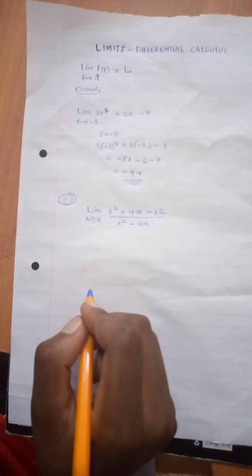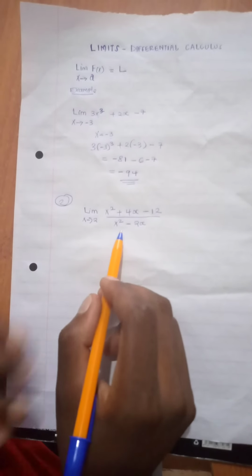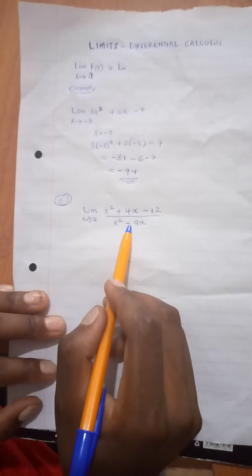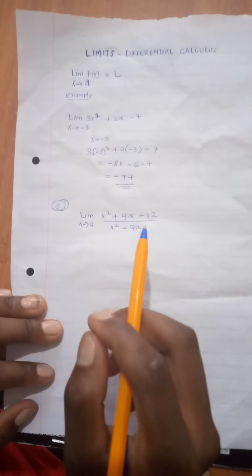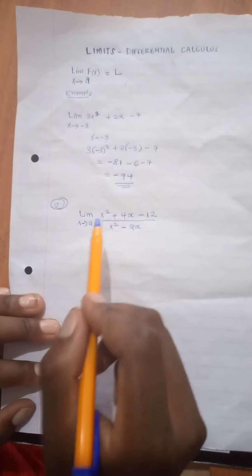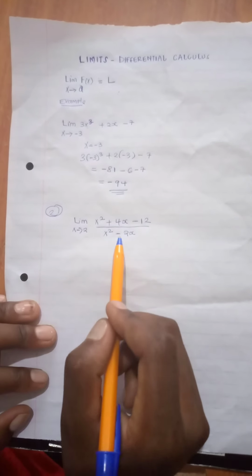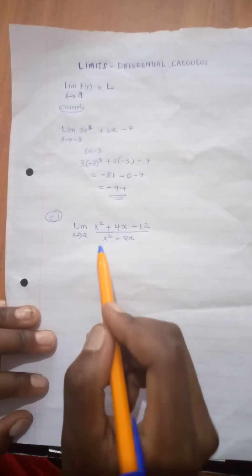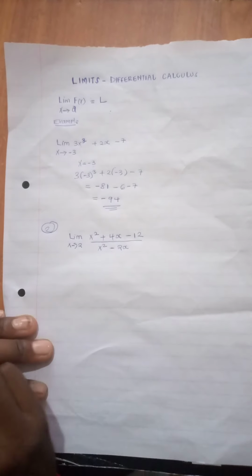Now guys, in any case you are given a question of this kind with a numerator and a denominator, test whether the denominator gives 0. If it gives 0, then it cannot be replaced directly the way we did in the first example.